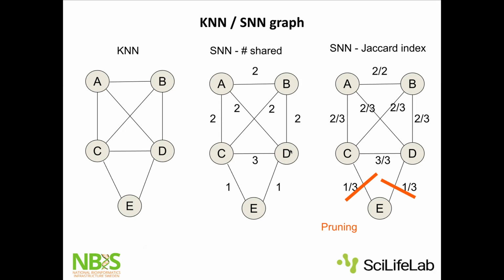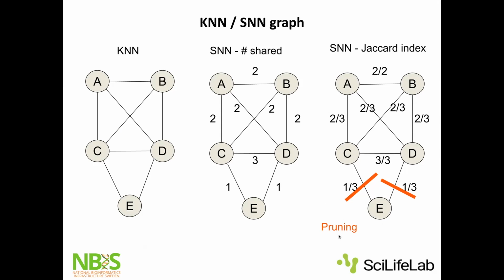While C and D have 3 shared neighbors, it's basically all the other 3 nodes. So if we want to calculate the Jaccard index, it's actually 3 of the 3 other neighbors that are shared here. So it has a Jaccard index of 1. It's sharing all its neighbors. Or here it would be 2 shared neighbors, but the total neighbors is actually all the other 3.